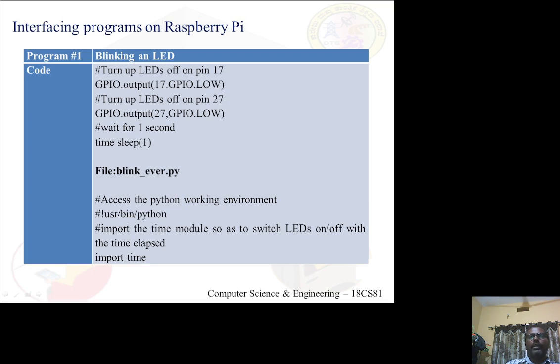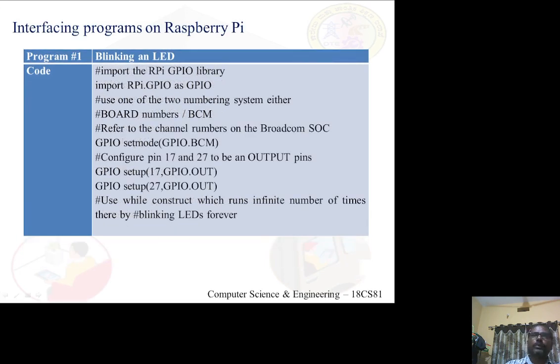I repeat, turning on LEDs, calling delay, turning off LEDs, calling delay should be repeated. So I need to go for some looping. In this case, I have used a while loop. The same program, but with turning on LEDs, calling delay, turning off LEDs, calling delay, repeated.